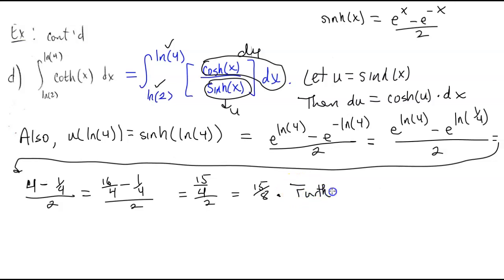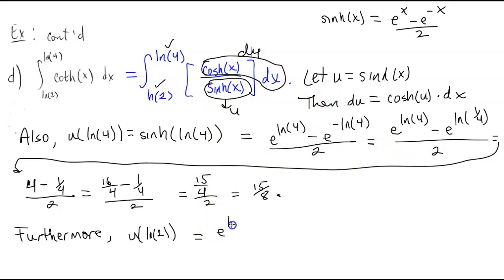So now we're going to work on the next one. Pen has some delay here, so we'll just start here. So furthermore, we'll have u of natural log of 2. So this is going to look very much the same way as it's going to be for natural log of 4.